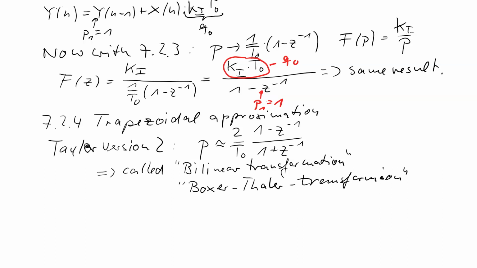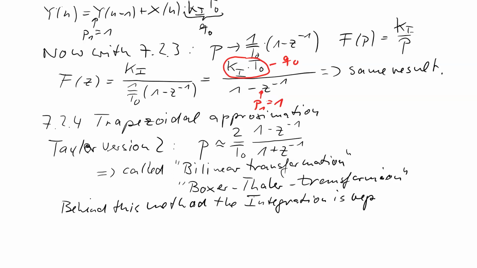Very simple. Behind this method, like in the previous chapter, I replaced the integration with the sum of rectangles. Behind this method, the integration is replaced by a sum of trapezoids.